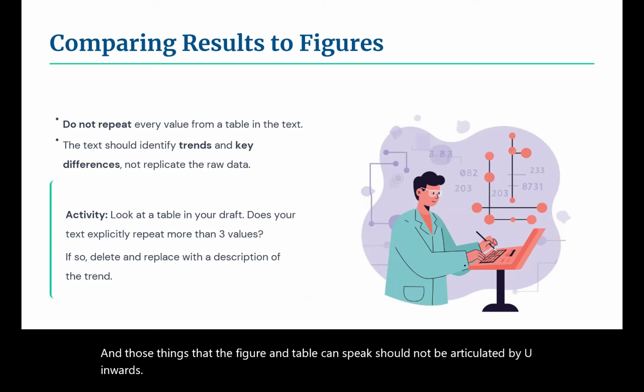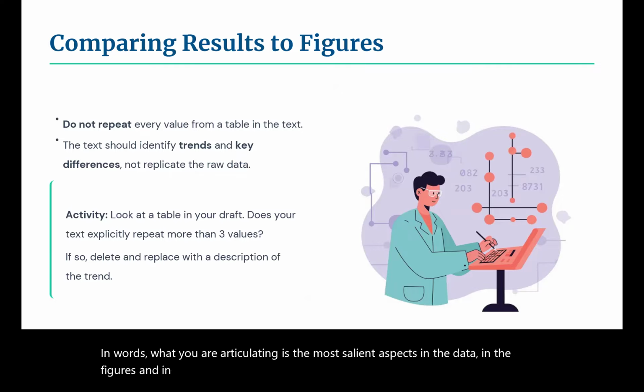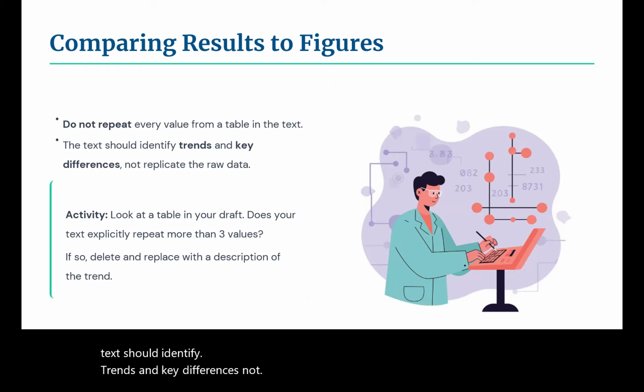In words, what you are articulating is the most salient aspects in the data, in the figures, and in the diagrams. Do not repeat every value from a table to the text. The text should identify trends and key differences, not simply replicate raw data. Look at a table in your draft. Now, this is just a reflective activity.